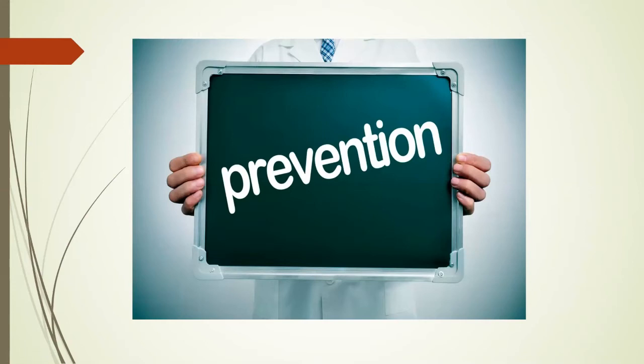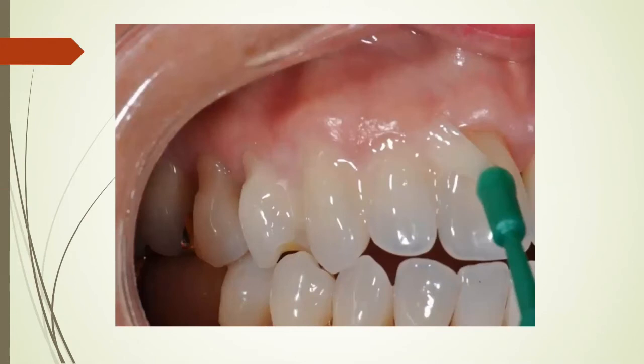If there is some root recession, we can do desensitization of the neck. We can place a desensitizer on that, and the patient won't have any symptoms because we are blocking the dentinal tubules with the desensitizers, and the patient will no longer have symptoms of sharp pain to either cold or sweet.